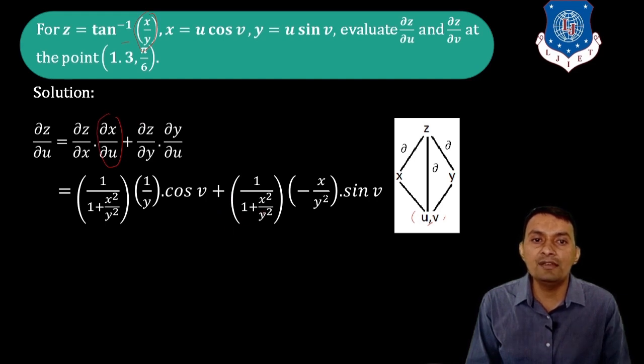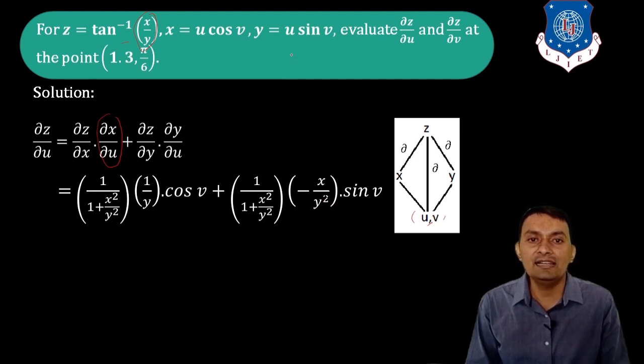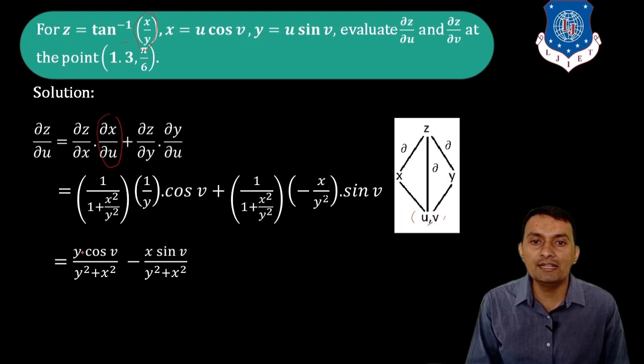So 1 divided by 1 plus x square divided by y square into del y of x divided by y, that is minus x divided by y square, and then the derivative of y with respect to u, that is going to be sine v. But whenever you simplify, what you are going to get is y times cos v divided by x square plus y square minus x times sine v divided by x square plus y square.